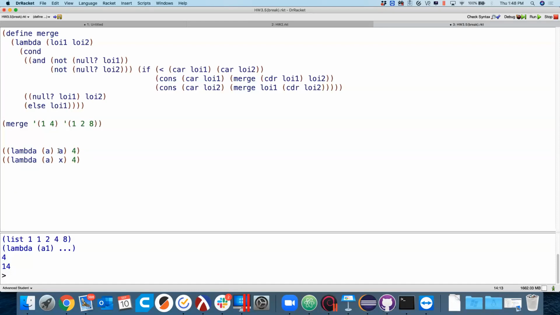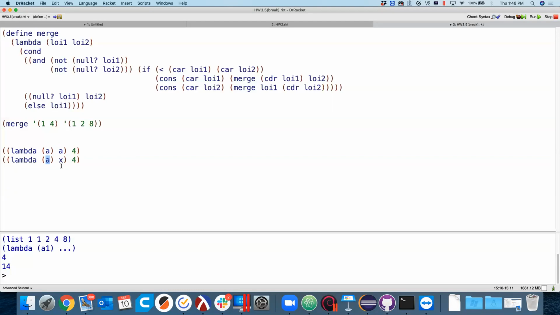So A occurs. Does A occur bound? Is this variable here, A, do we expect that it has a value based on what we can see? It has a local definition. Somebody better have passed a value in for A because A is bound here and then it occurs here. Make sense? A is also bound here, but it doesn't actually occur.